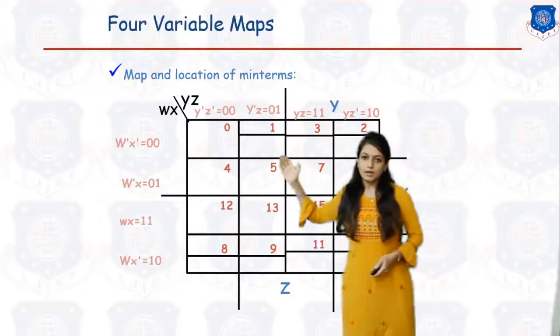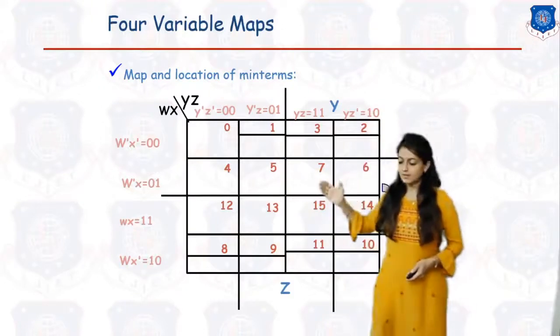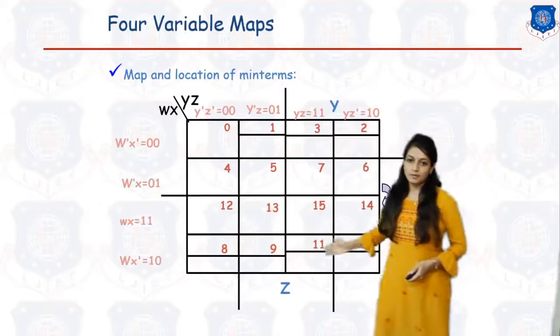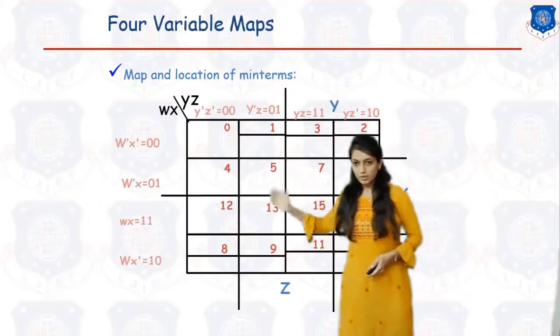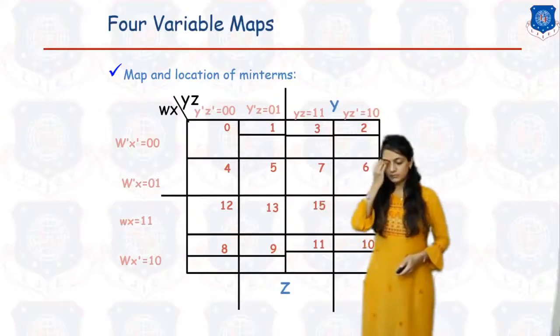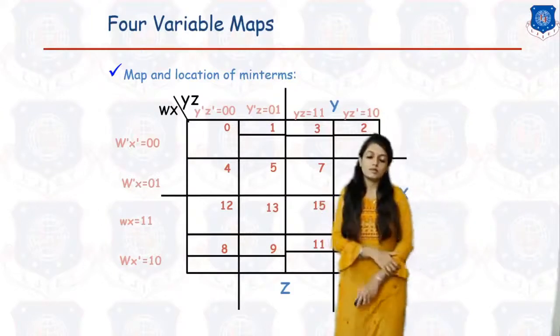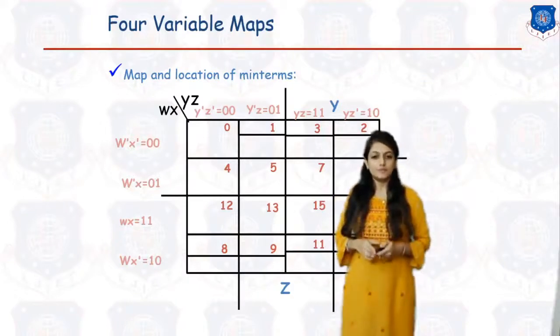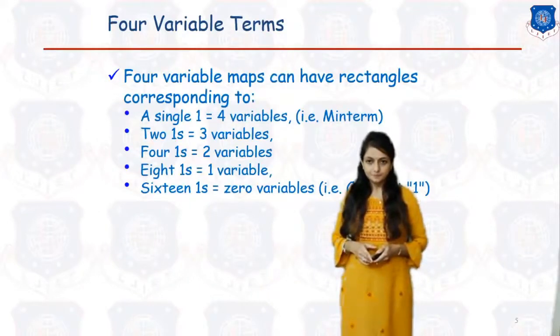Likewise, M4, M5, M6, M7, M8, M9, M10, M11, 12, 13, 14, 15. Alright, total 16 boxes are there, starting from M0 to M15, right?